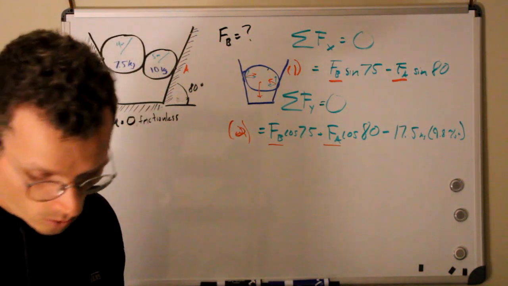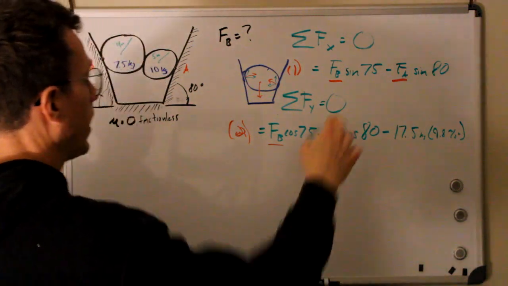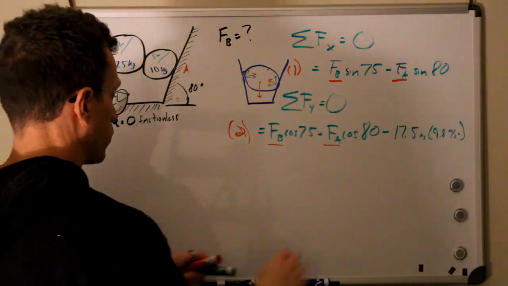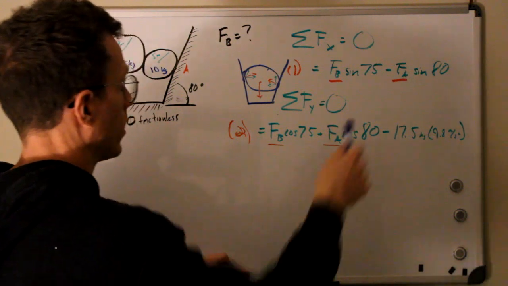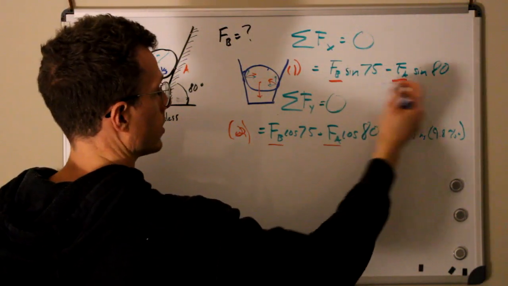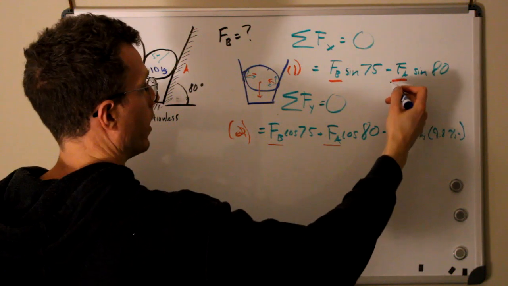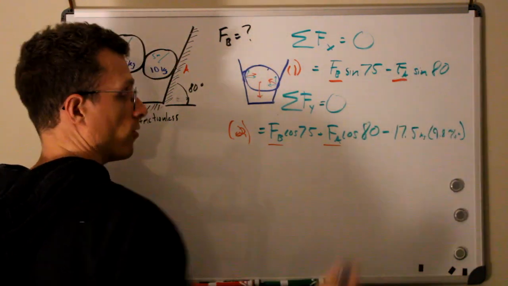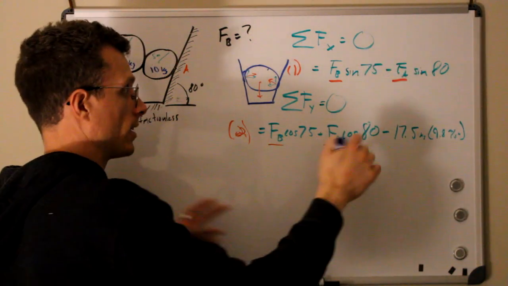So one thing that we can do here is simplify this equation up top and sub it in here. Since these two are equal to each other, let's solve for F of A in terms of F of B. Then we can sub that into this equation.